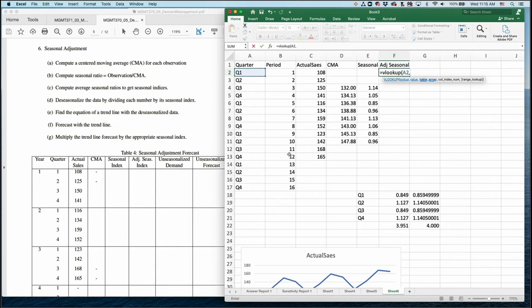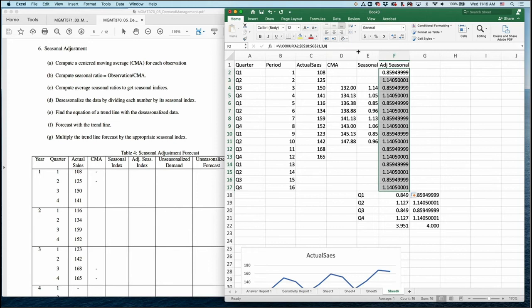Then we have to fix it, and then for the column index, actually, we are using the third column, and we have to use exact matching. Then we can use 0. Then we can refer to these numbers. So this is our adjusted seasonal factor.